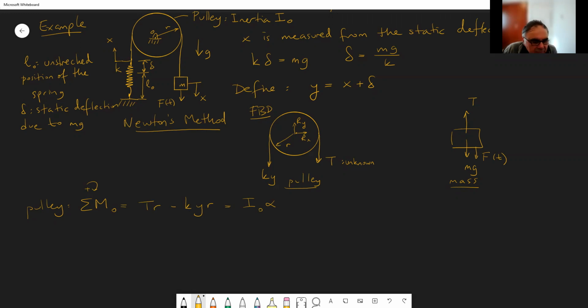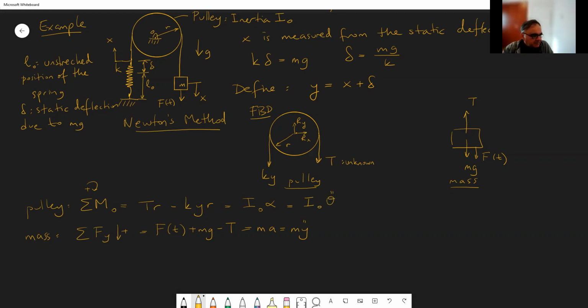Yes, that's for the pulley. And for the mass, the summation of the forces in the y direction, downward is positive here, is equal to f of t plus mg minus T. It is not zero, of course, because this is dynamic. This is ma, which is m y double dot. And I0 alpha is I0 theta double dot.